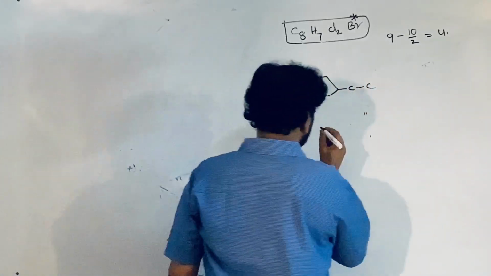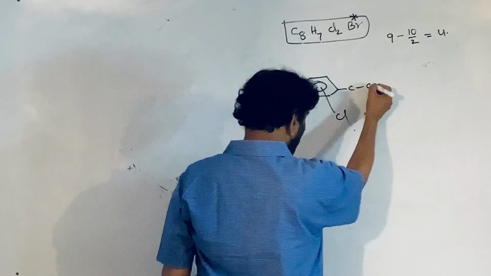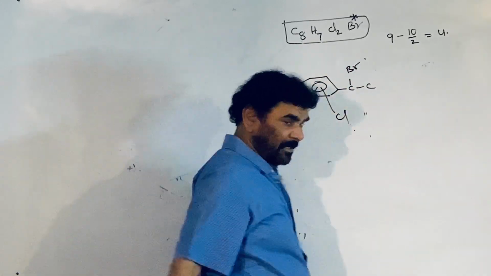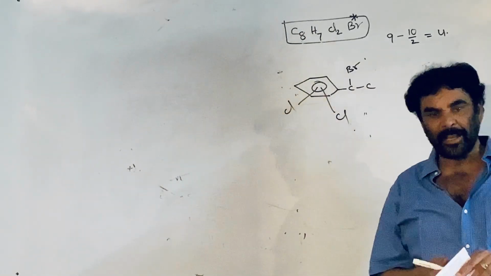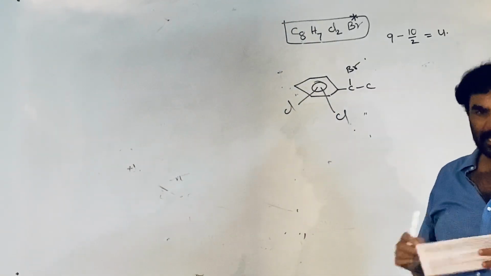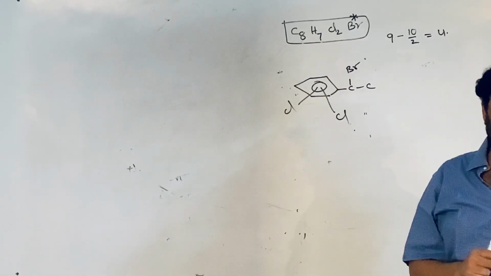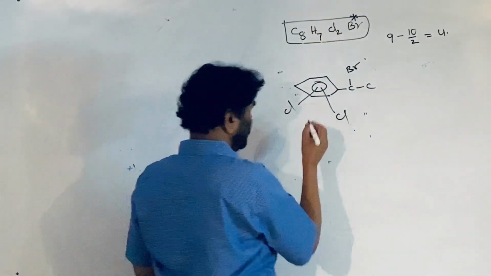Therefore, the chlorines must be on the ring, and the bromine must be on the side chain. Why? Benzyl halide is more reactive, more easily replaced, and takes part in the SN1 reaction. Benzyl halides, allyl halides, tertiary halides. So this is the case.